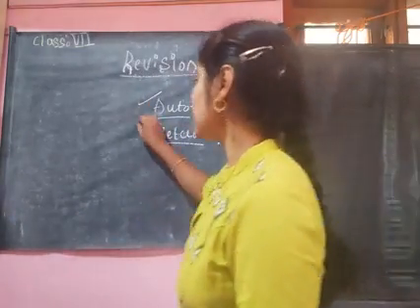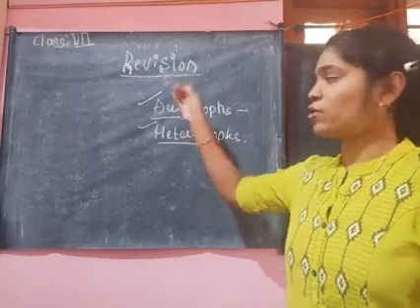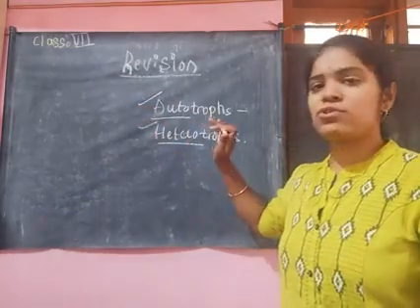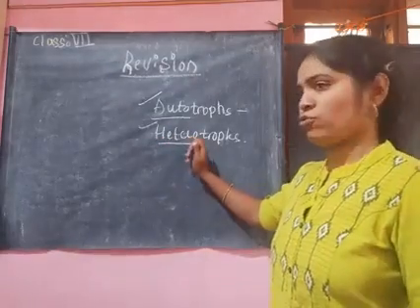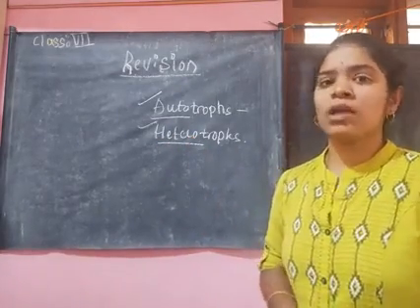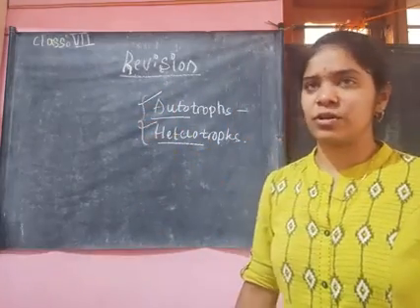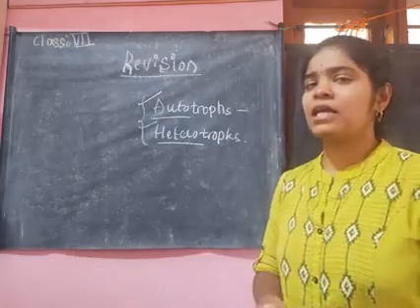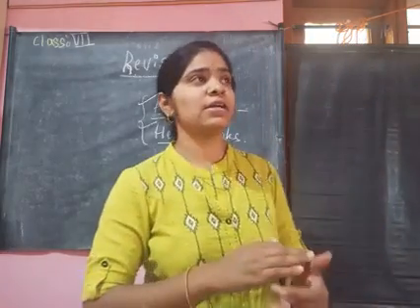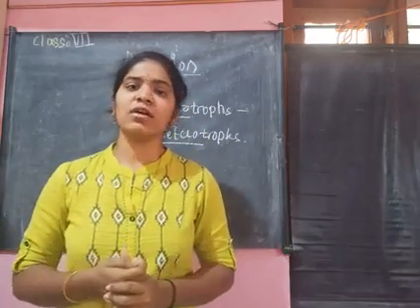The next one is hetero. These are the organisms which depend upon another organism or another plant. Such organisms we call heterotrophs, and that mode we call the heterotrophic mode of nutrition. These are the 2 main types of modes of nutrition. The plants prepare their own food using sunlight, carbon dioxide, water, and mainly chlorophyll.